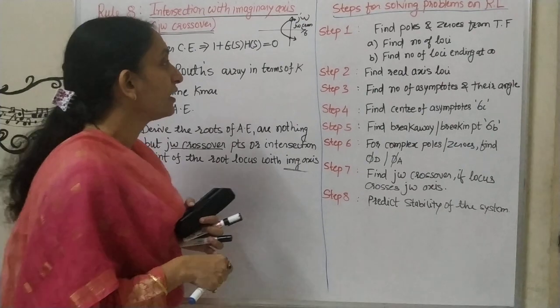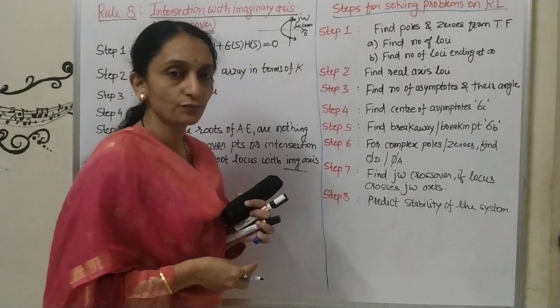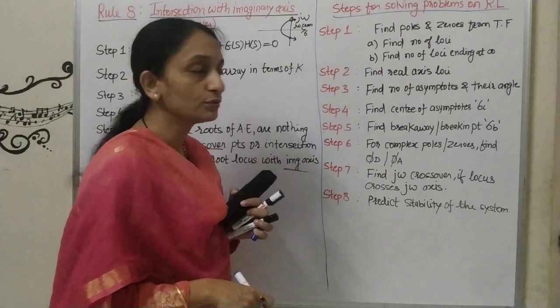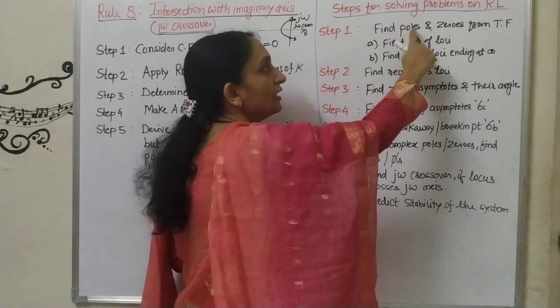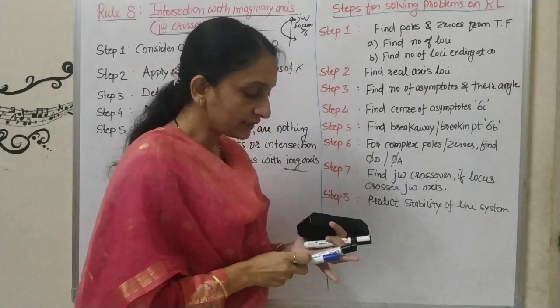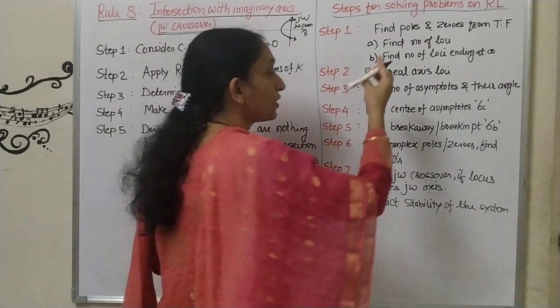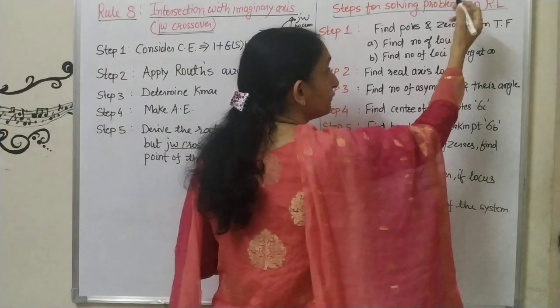Please remember. Then from the transfer function, step number 1, you have to find the number of poles and number of zeros. That is actually rule number 1, and we have solved it with an example.